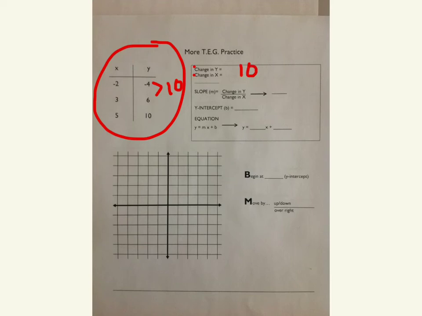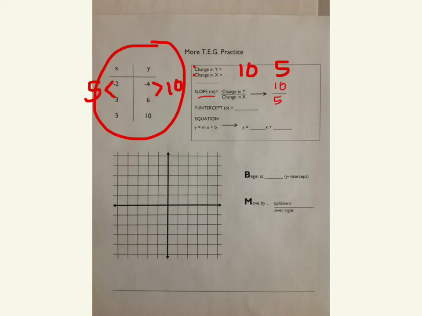My change in x is going from -2 to positive 3. I have increased by 5. So my change in x is 5. So when I go to write this into my table, my change in y is 10, my change in x is 5, and that's my slope.